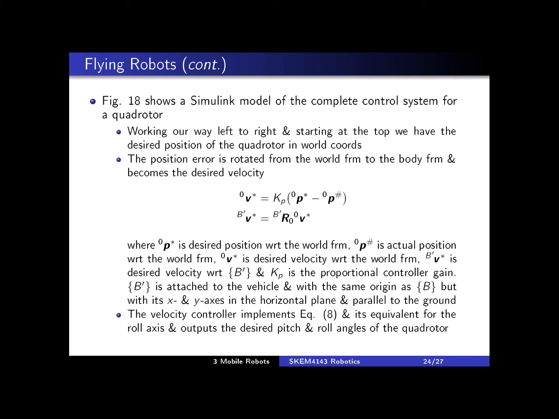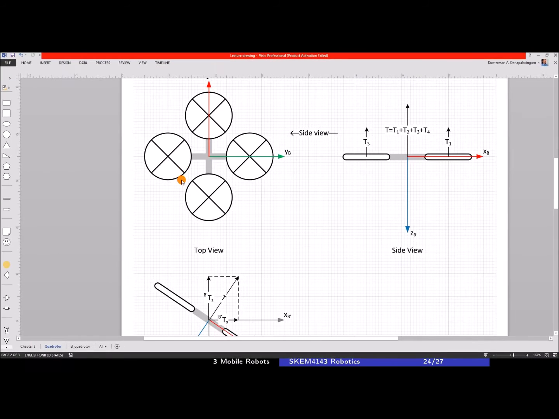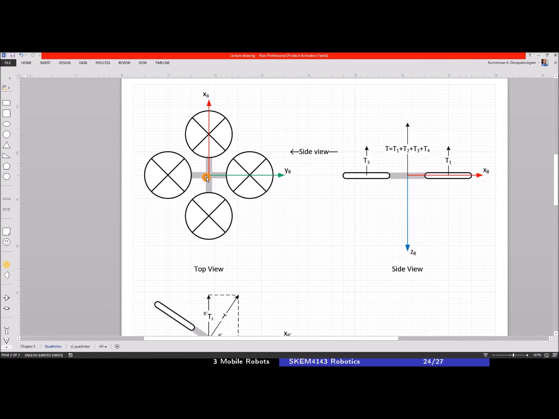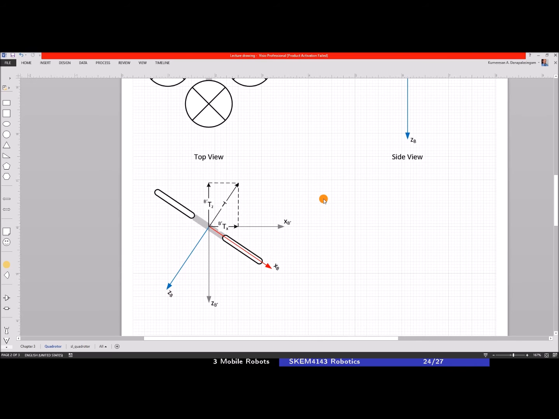So it should look something like this. Okay, so if this is your quadrotor top view, we have the B coordinate frame, which I explained earlier. It is affixed to the quadrotor, and from the side you can see X and Z. So this is thrust 1, thrust 3, and the total thrust is the summation of everything. And there's another coordinate frame that we have just defined. We call it B prime.